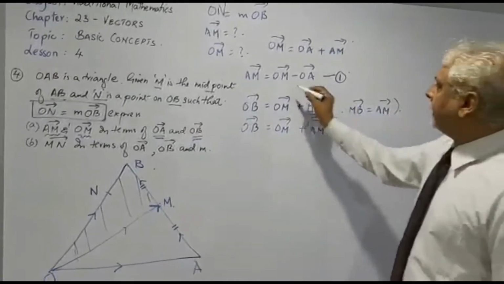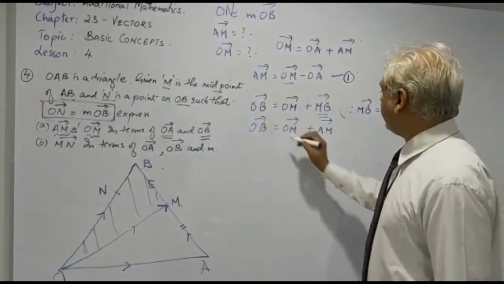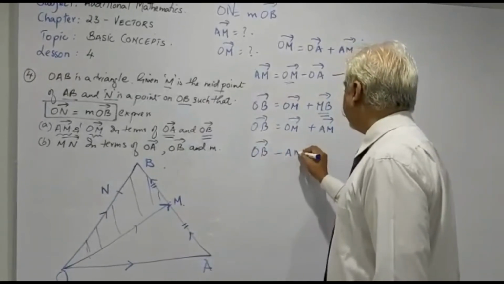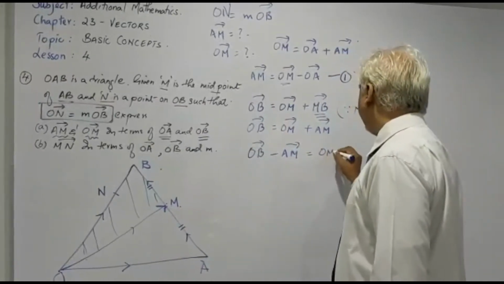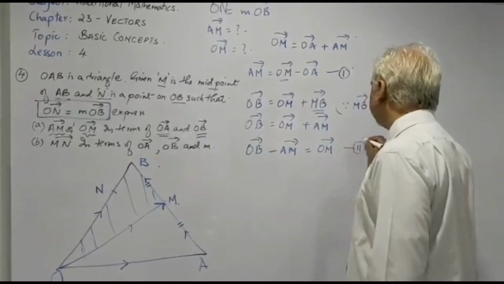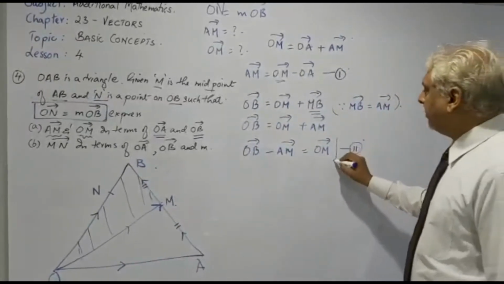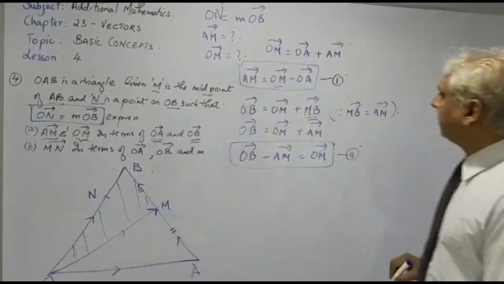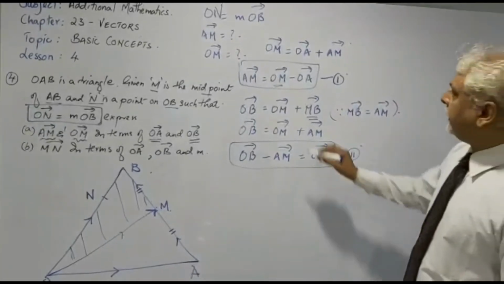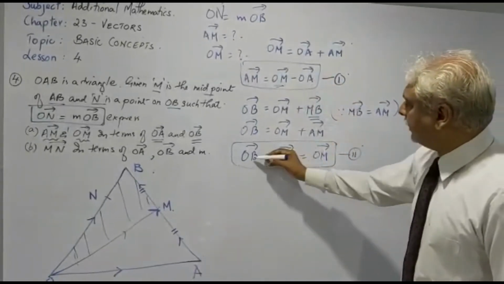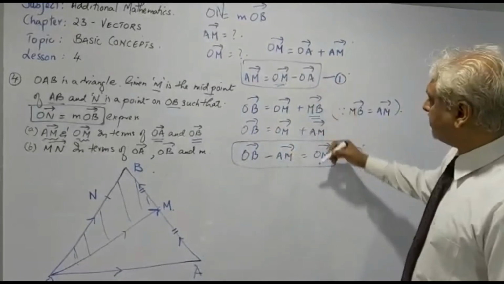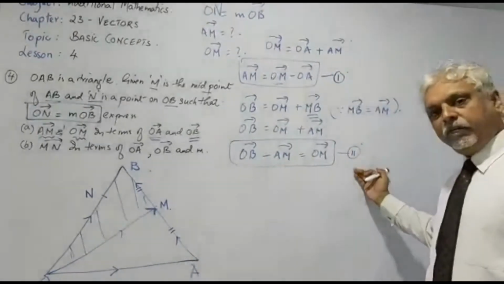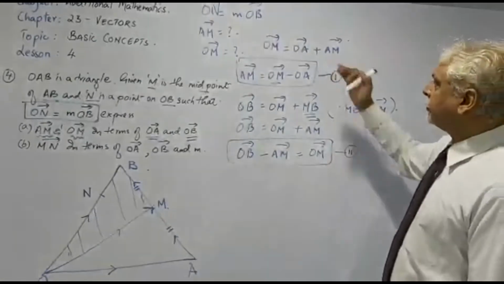Now I can get the value of OM from here. I shift AM to the other side, so I get OB minus AM is equal to OM. This is my second equation, and this is your first equation. So in place of OM, I'll write OB minus AM, substituting the value of OM from equation 2 into equation 1.